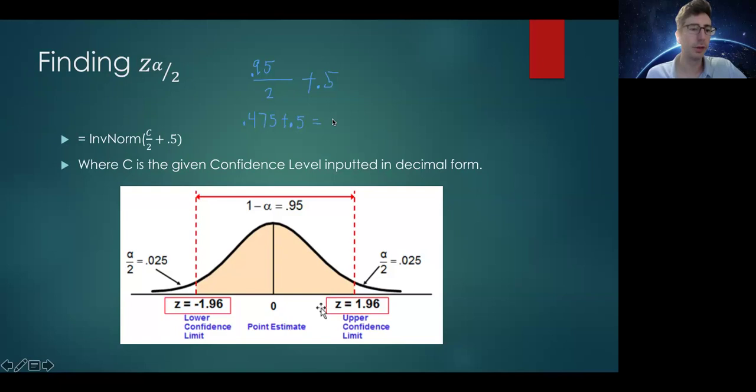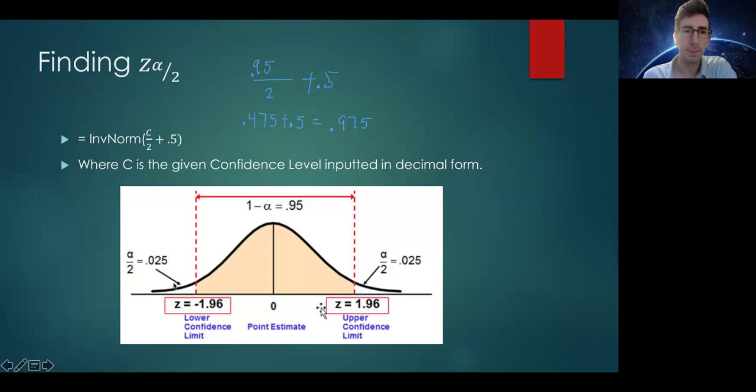So then if we add the 0.5, we get 0.975. And so notice that if we're plugging this into the inverse norm, we're looking for 0.975 area under the curve to the left. So we're really finding this positive z value over here.